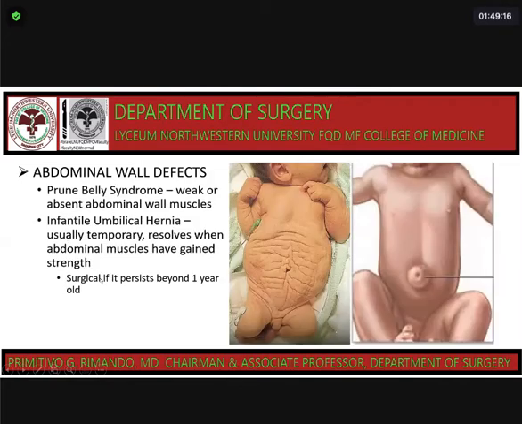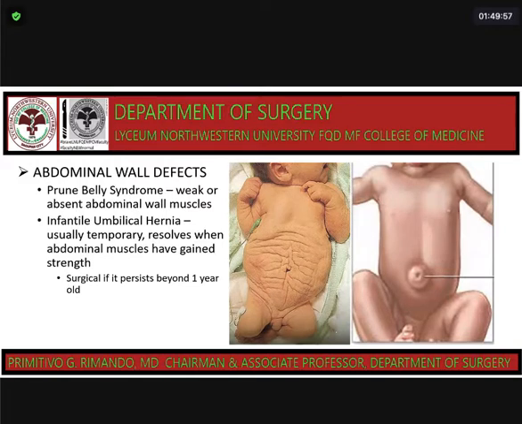So that's your omphalocele. We also have what we call prune belly syndrome, where you have a weak or an absent abdominal wall muscle. In patients with prune belly syndrome, the function of the abdominal wall in Valsalva is actually emphasized, because they will have a problem defecating and a problem urinating.